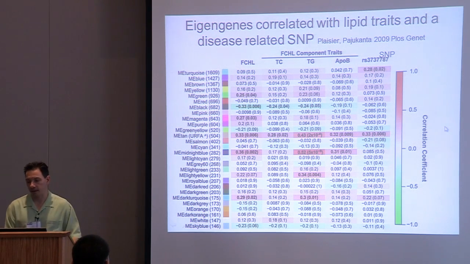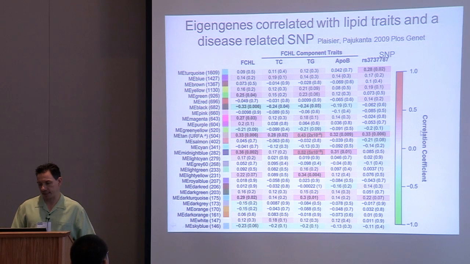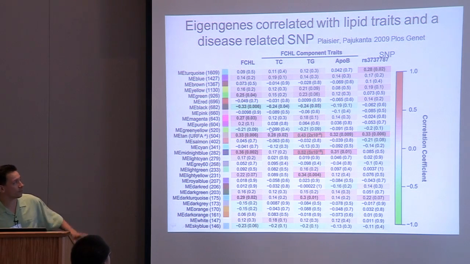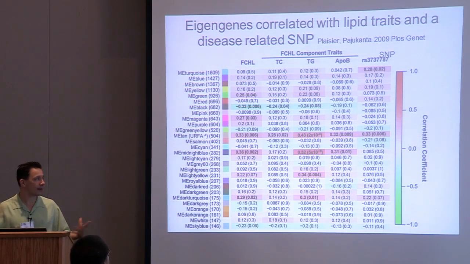The other thing that Peter Langfelder implemented here is a very nice coloring scheme. Notice red indicates positive correlations and green indicates negative correlations. So it's a very powerful way to summarize your entire data set: SNPs, physiologic traits, and expression data.